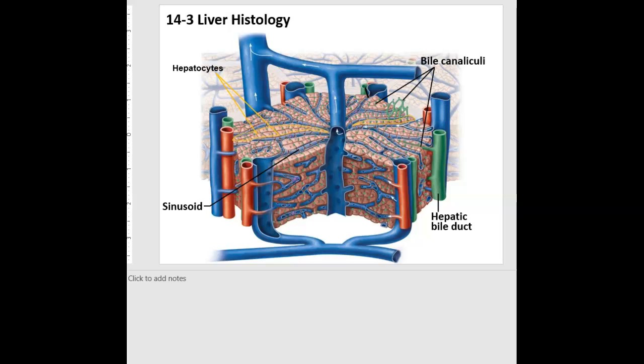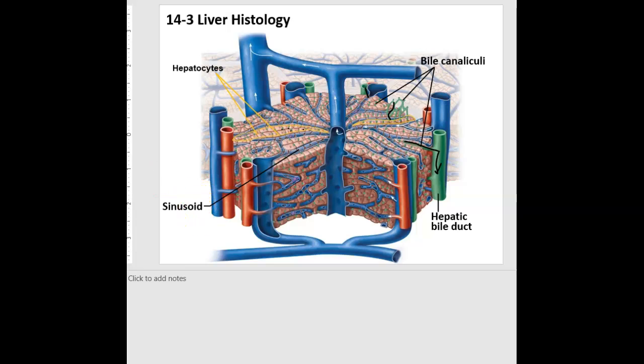So the little green dots that you see interspersed between the hepatocytes, there's one, there's one, there's one. Those form the beginning of the canal system, and they're called bile canaliculi. A bile canal then leads to the hepatic bile duct, which is going to carry bile inferiorly towards the small intestine.